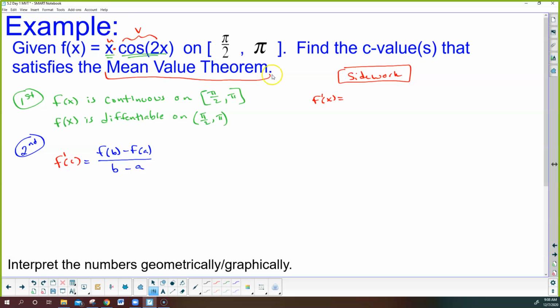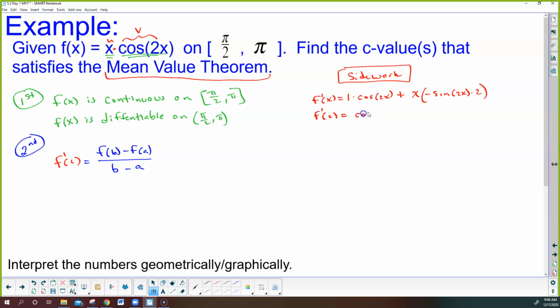So the derivative of the first part is 1 times the original second part V plus the original first function times the derivative of the second. Well, the derivative of cosine is negative sine. Keep the inside, but then we have the chain rule. The derivative of the inside brings that 2 out. All right, so there's my product rule.